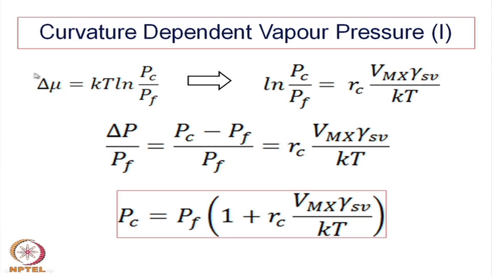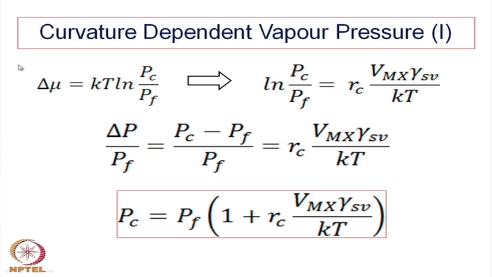This is delta mu again, and that can be related to either concentration difference or the partial pressure difference. Here you can call it partial pressure or vapor pressure. So, delta mu actually is kT, k is the Boltzmann constant, T is the temperature, and ln Pc by Pf. In this case, the two partial pressures, one is on the curved surface, another is on the flat surface, that is your reference.